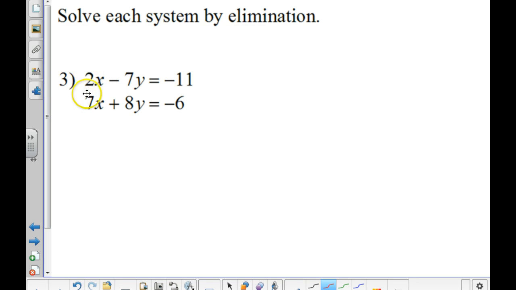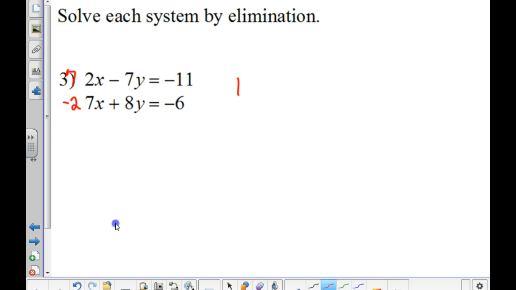Yeah, we have to do both of them by something. If we did the bottom one by a -2 and the top one by a 7, then the x's would drop out. You could also do it so the y's drop out first, doesn't matter. Okay? So you guys do whichever way you want, and we'll all see if we get the same ordered pair, okay?